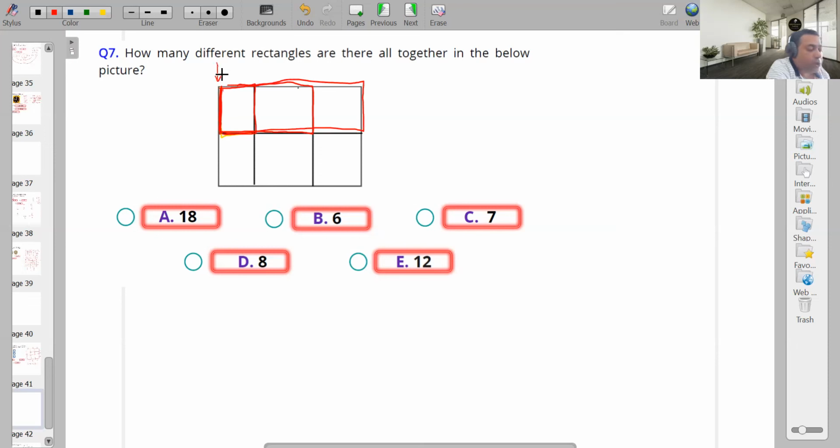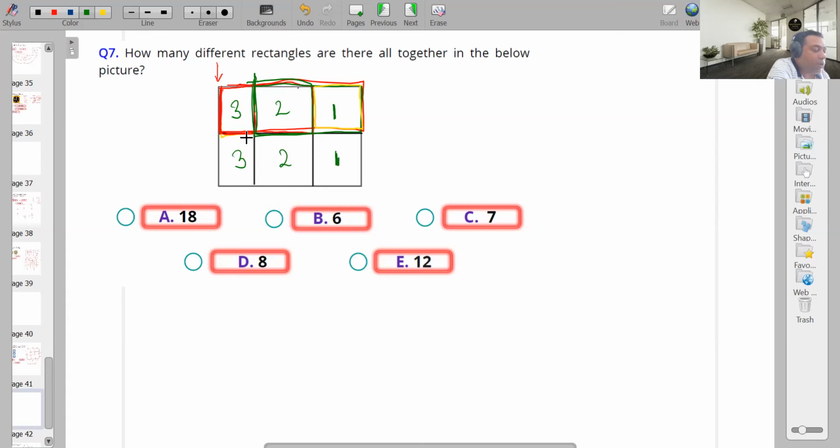If you start from the next line, you'll be able to make one and you'll be able to make two. And then if you start from here, you'll be able to make only one. So basically, in the top row, you'll be able to make 3 plus 2 plus 1. Similarly, for the bottom row also, you'll be able to make 3 plus 2 plus 1.